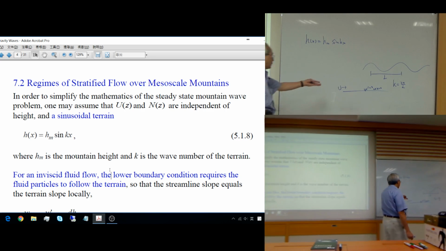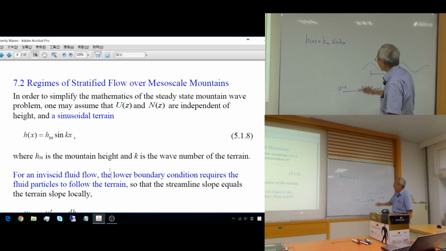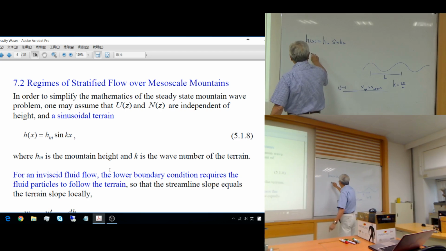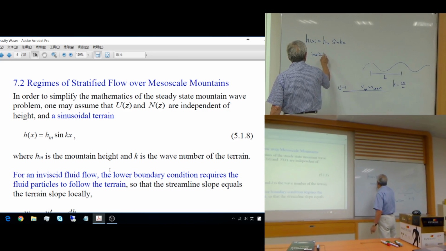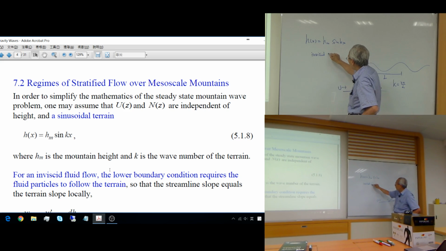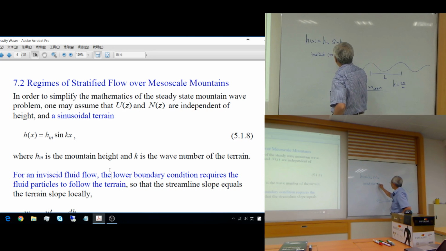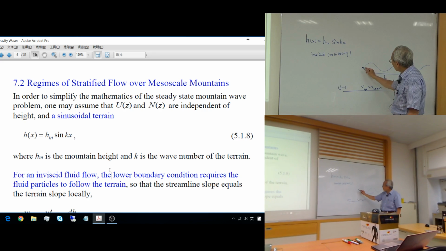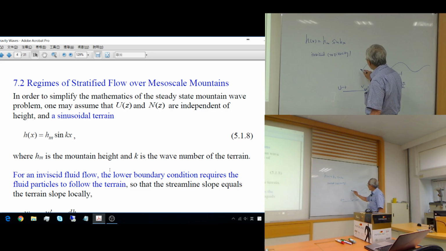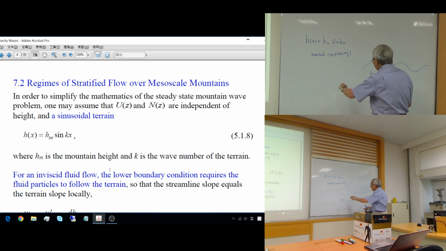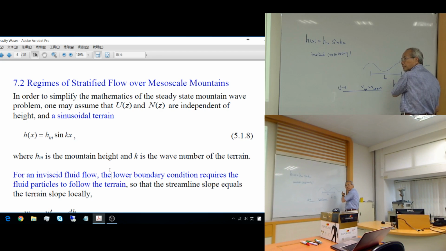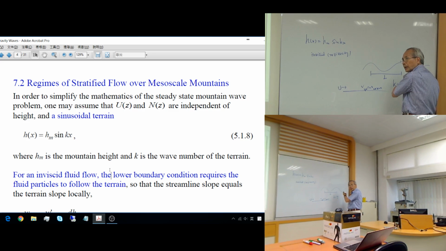Now, what's the boundary? Assuming there's no viscosity, so it's inviscid. Since there is no viscosity, you assume your flow will be forced to follow the terrain.